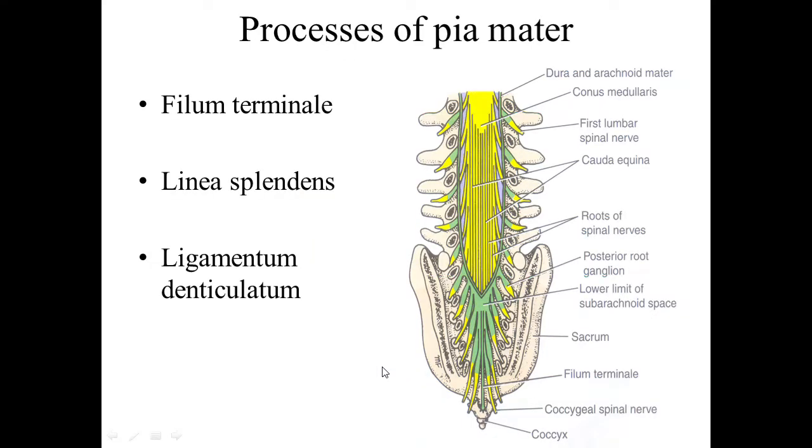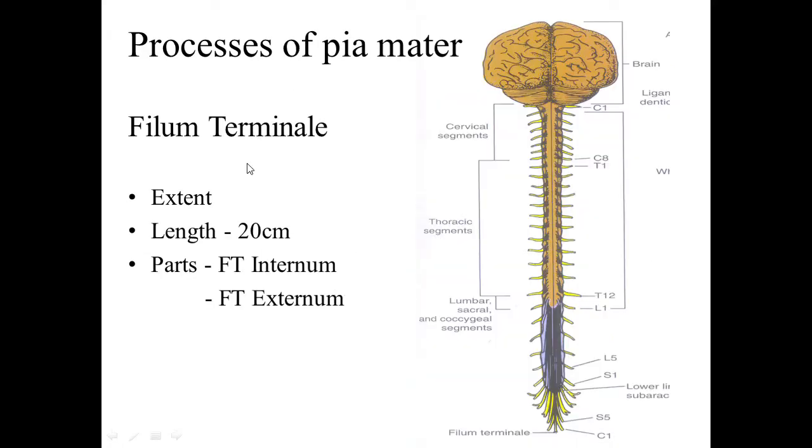Now, which are the processes of the pia mater? There are three types of processes. One is the filum terminale, then the linea splendens, and then the ligamentum denticulatum. Now, the filum terminale, as we have seen, is a delicate white thread-like structure. It is a continuation of pia mater below the conus medullaris, and it is attached below to the first coccygeal vertebra.